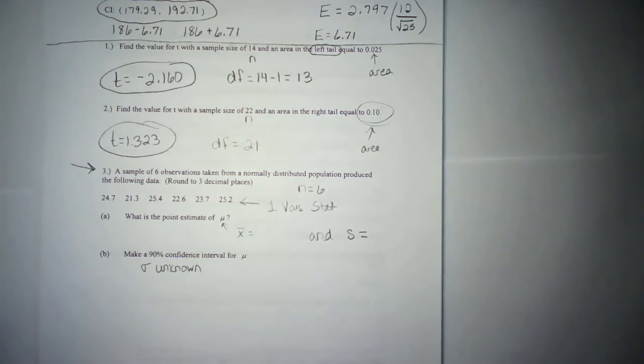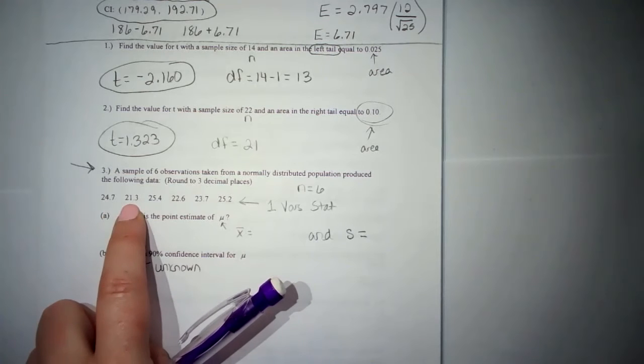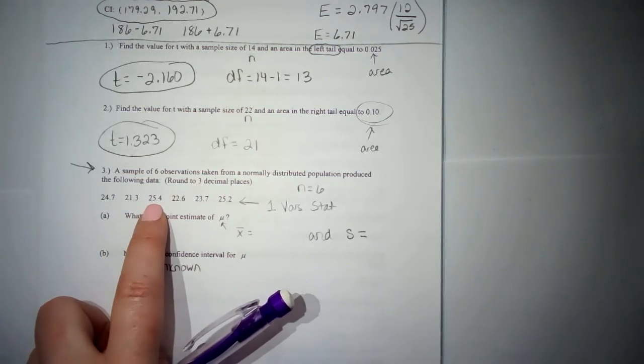Okay, all right, and we're going to have to put these values in a list. So remember, that's stat, edit. Remember, stat, edit. That's how you get your list. And then you're going to put all 6 of these values in for L1. There they go.